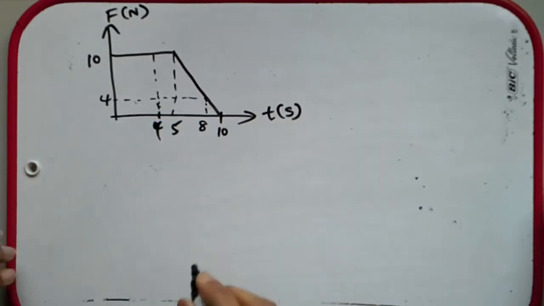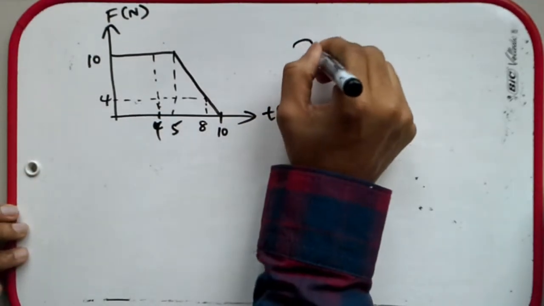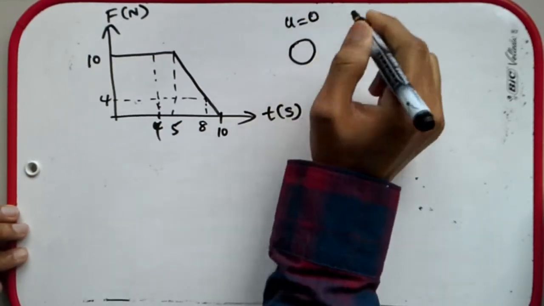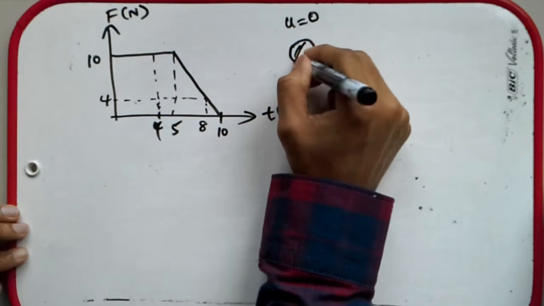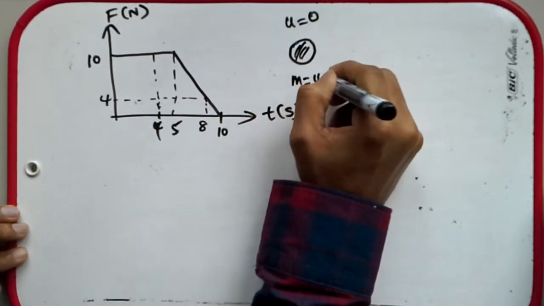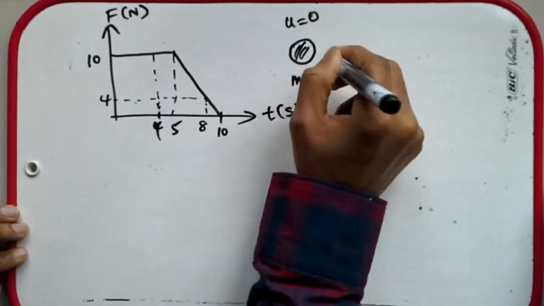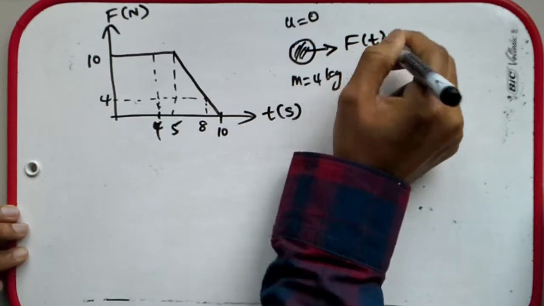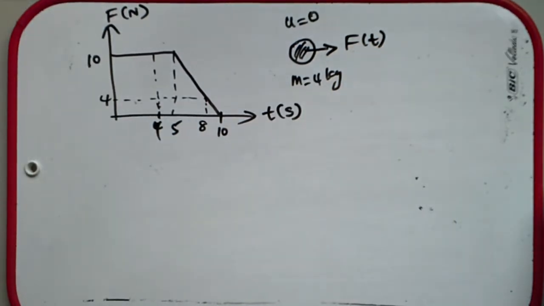Well, the question is like this. You have a mass, initially at rest. The mass is actually 4 kilogram, and you apply a force. This force is a time dependent force. So we already solved this problem, right?